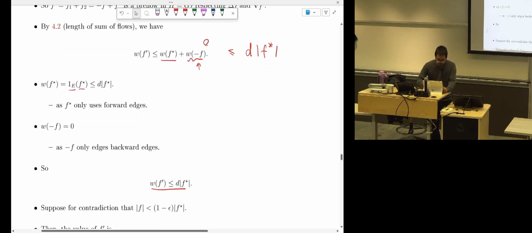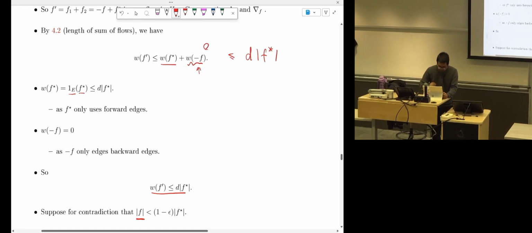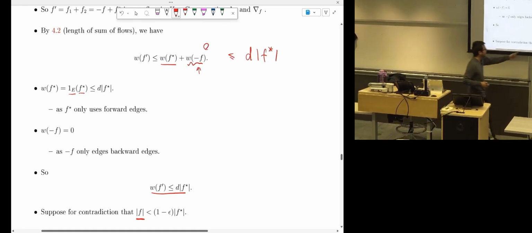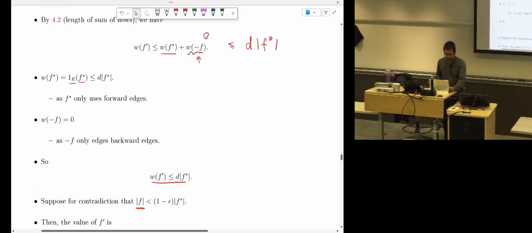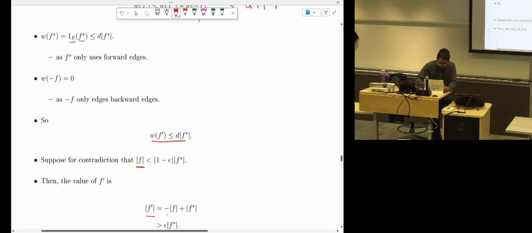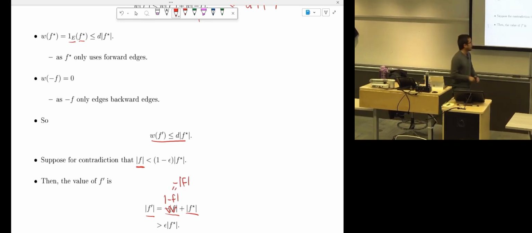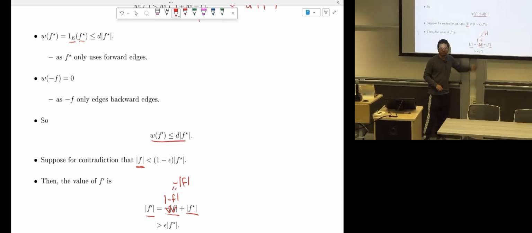Now let me suppose for contradiction that my F here is small. It's not as big as F star. It means that the value of F prime is just the sum of the two values, right? Maybe I should write minus F, but this is minus of F. So this would be at least more than epsilon F star.